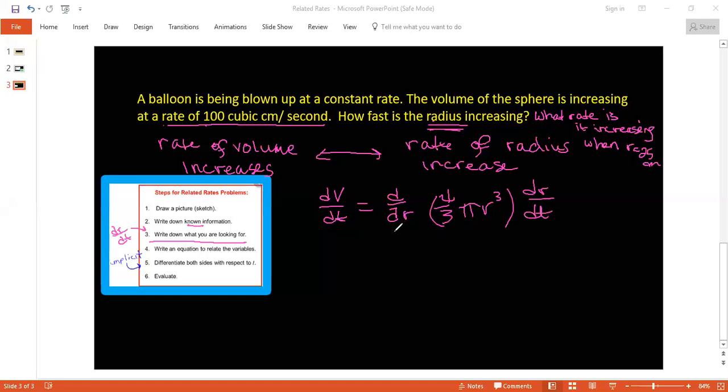So this is all part of the chain rule right here. So that's going to give me 4 pi. I'm going to differentiate this part, the innermost part, and then I'm going to be left with dr/dt.